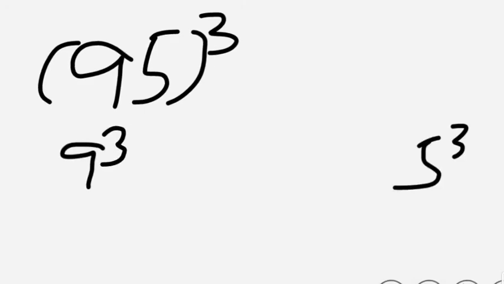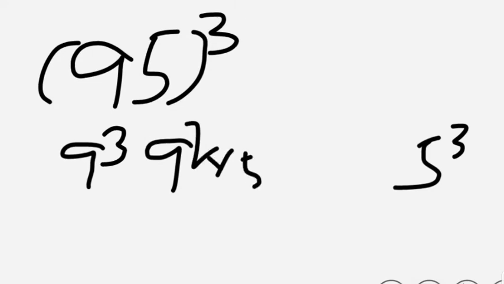We did it easily. Let me take another example in 2-digit cubing. 95 cube, okay. 9 cube and 5 cube, A square into B in the sense 9 square into 5, okay.